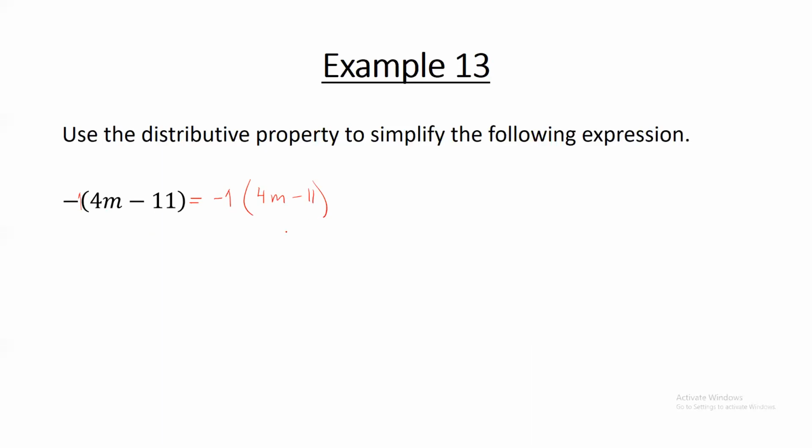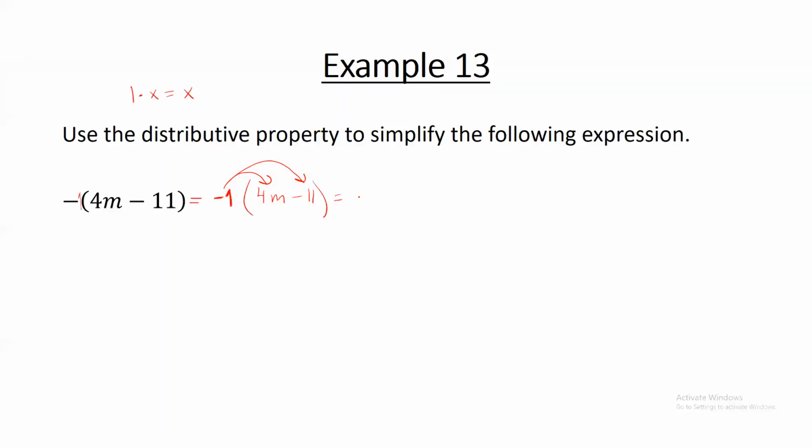The reason why you can do that is you know that 1 times any number is just that number. So if you insert a multiplication by 1, you're not going to change the value of the expression. It just gives you a number that you can use to multiply.